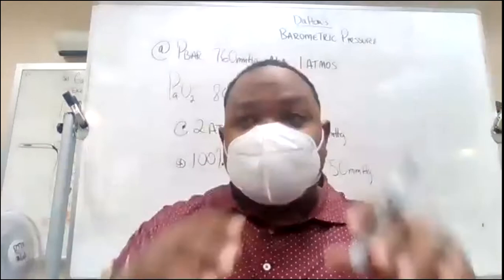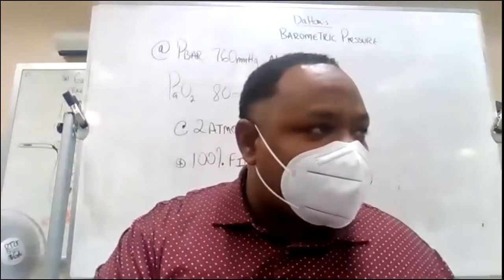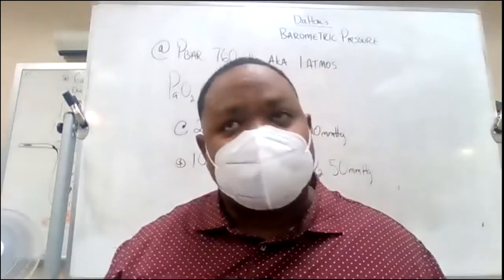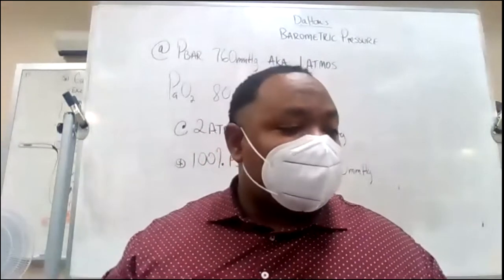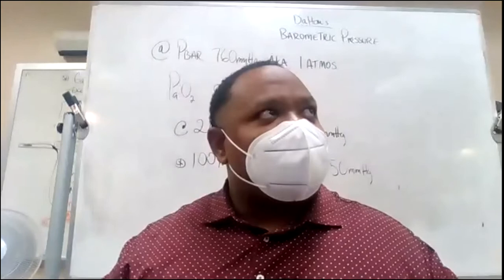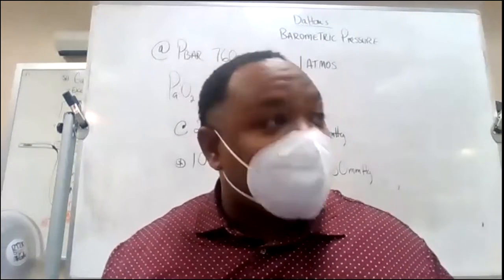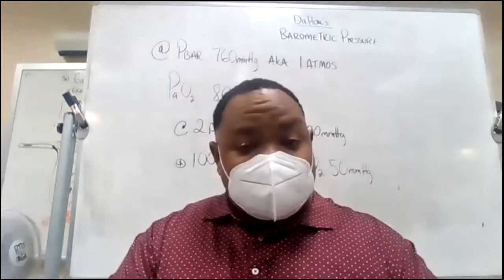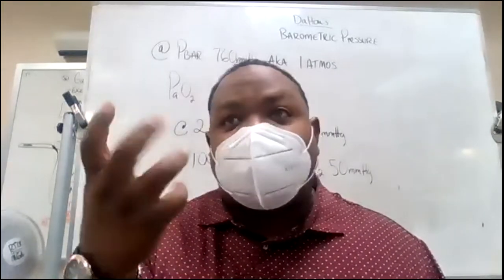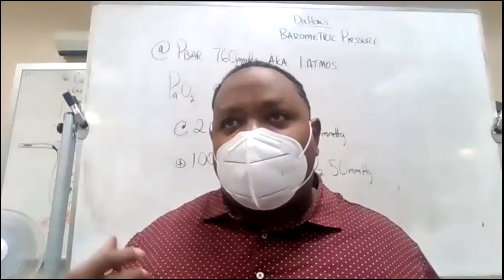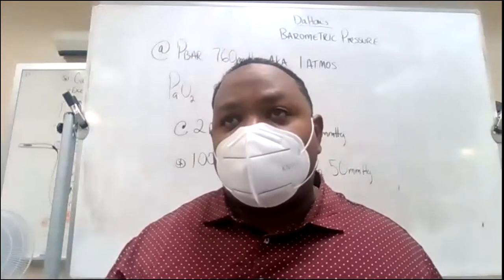Because if they go straight from 4 atmospheres to nothing, they're going to die from what's called decompression sickness, also known as the bends. The nitrogen in their blood starts to bubble up, and then you have bubbles all in your arteries and your veins, and that'll kill you.